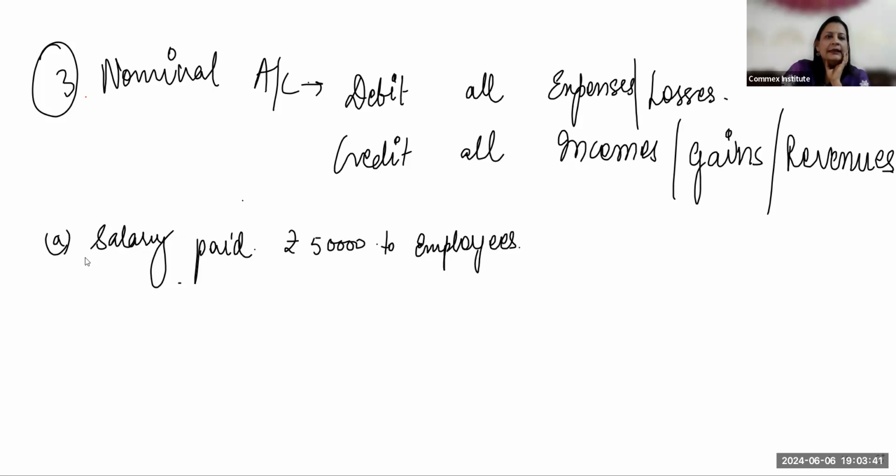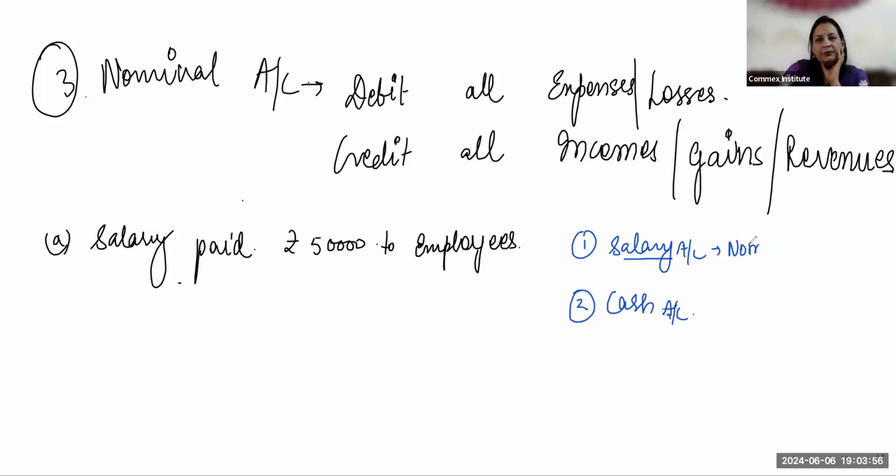Now see, the accounts involved over here are one, salary, and number two, cash. So it is salary account and cash account which are involved. Salary account is a nominal account because it is an expense. Salary, which you are paying to the employees.